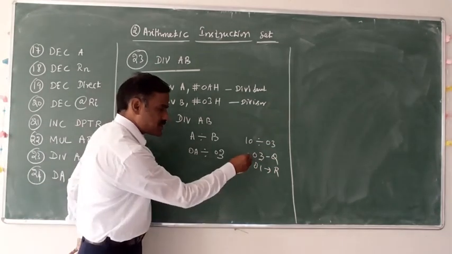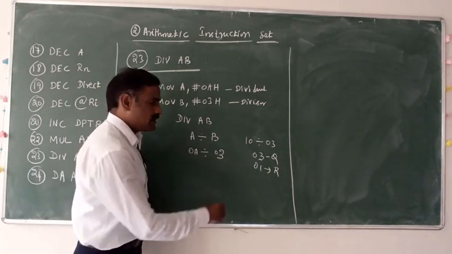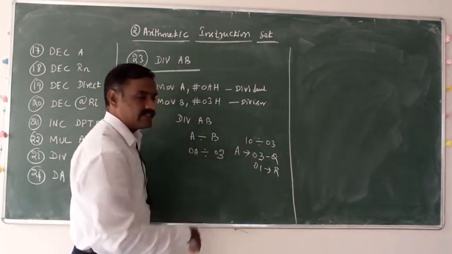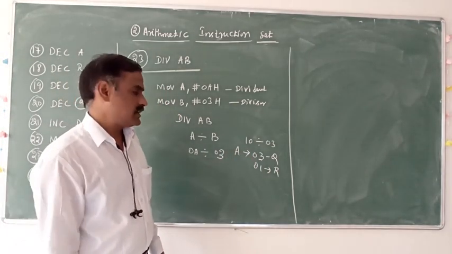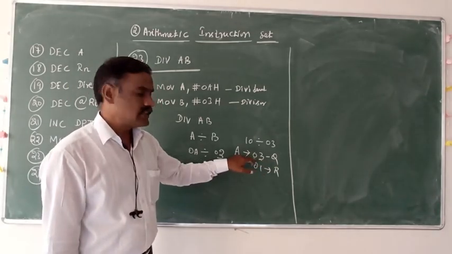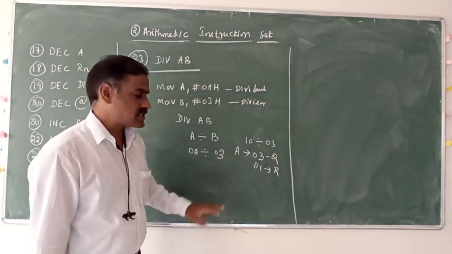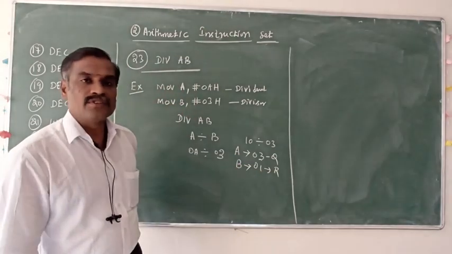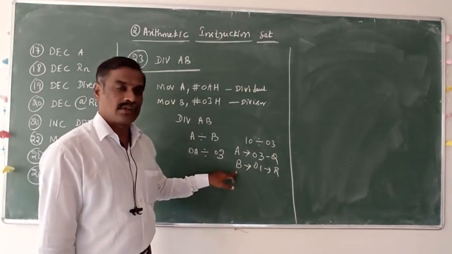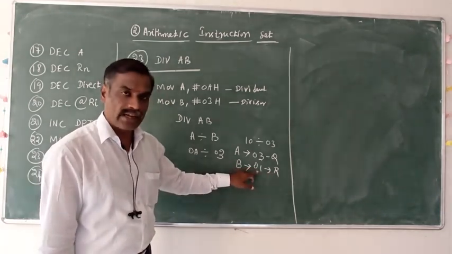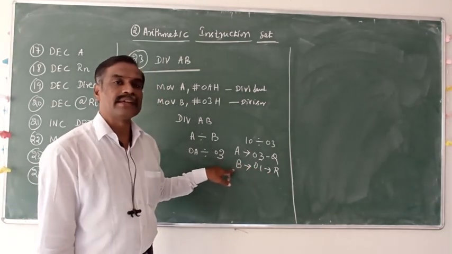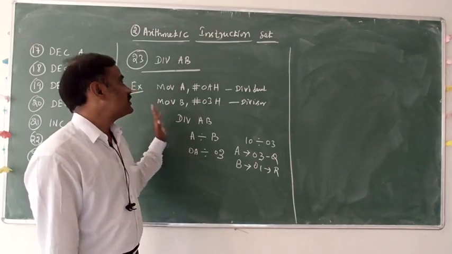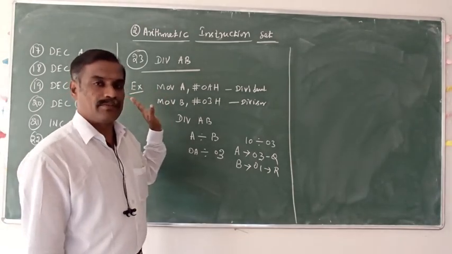Okay, this quotient will be available in A register after division. After division, the quotient result will be available in A register and the remainder result available in B register. The remainder result 01 will be available in B register. This is the operation of division of AB data.